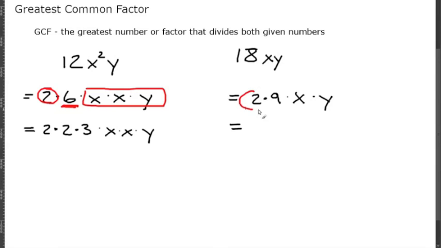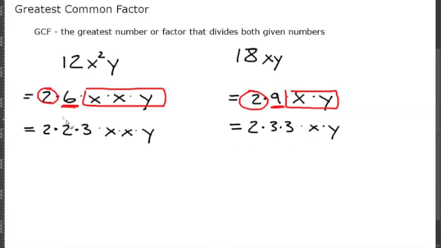This 2 is a prime, x and y are expanded, but this 9 is not a prime, but we can break that up. So we're going to have 2 times 3 times 3, because 9 is 3 times 3, times x times y. 2, 3, and 3 are all prime.